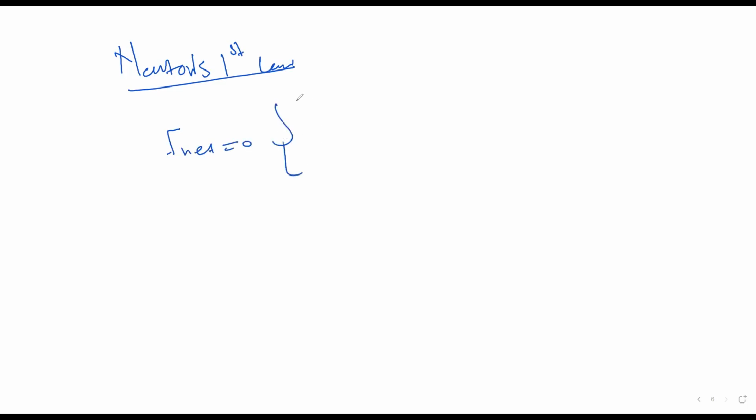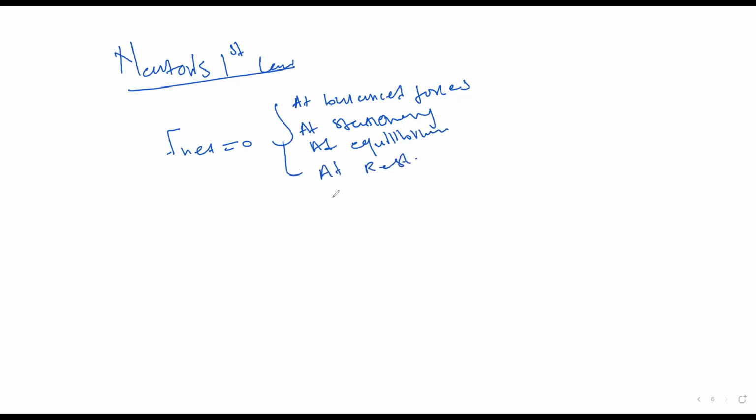And F net is always equal to 0 at balanced forces, at stationary, at equilibrium, at rest, at constant velocity.